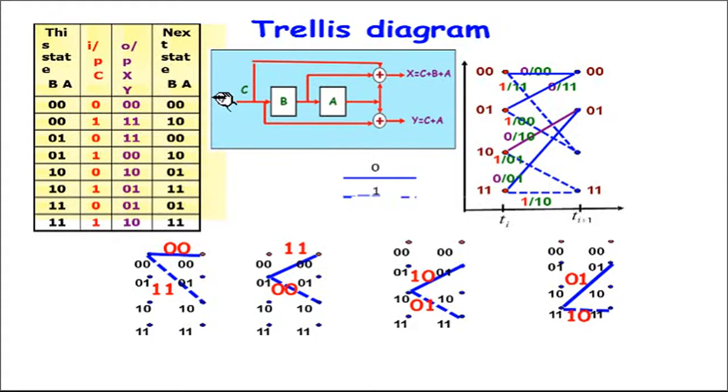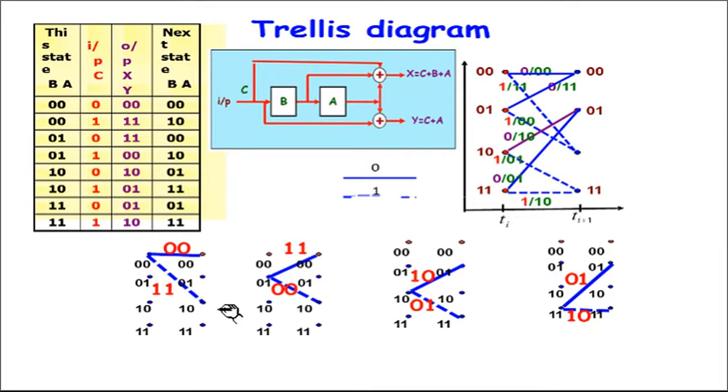When we analyze this circuit, we can formulate this table, which is known as a state table. We analyze this circuit as well as the state table in terms of the unfolded nature of the state diagram. That is, in short, the trellis diagram.